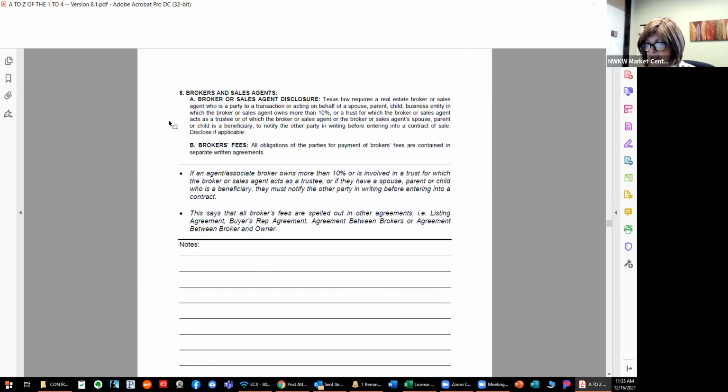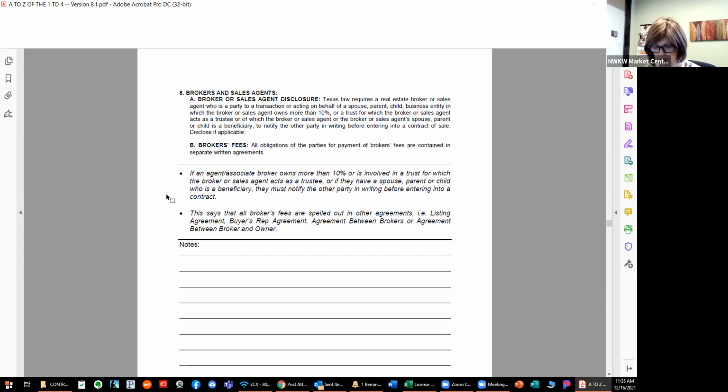Brokers and sales agents, disclosure and brokers fees. It's just saying if an agent or associate broker owns more than 10% or is involved in a trust for which the broker or sales agent acts as a trustee, or if they have a spouse, parent, or child who is a beneficiary, they must notify the other party in writing before entering into a contract.